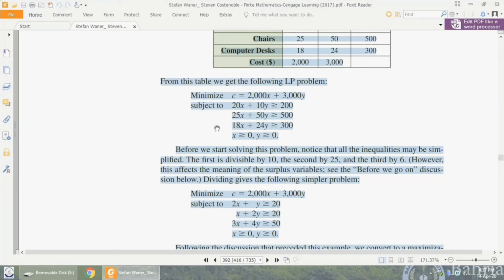This was 6 and this was 8, so we divide by 3; 3 times 6 is 18, 3 times 8 is 24, and 3 into 100 is 300.